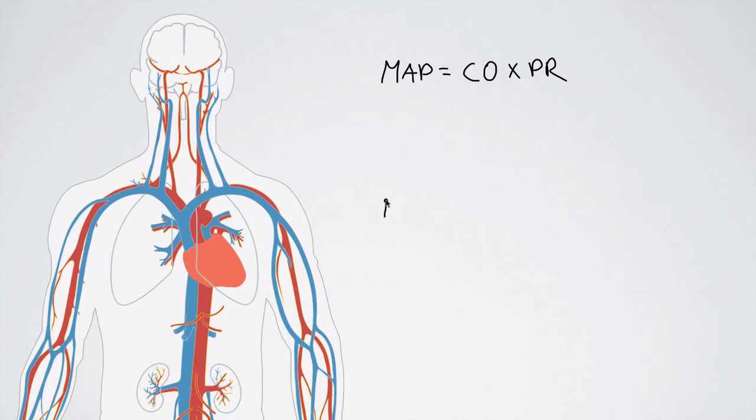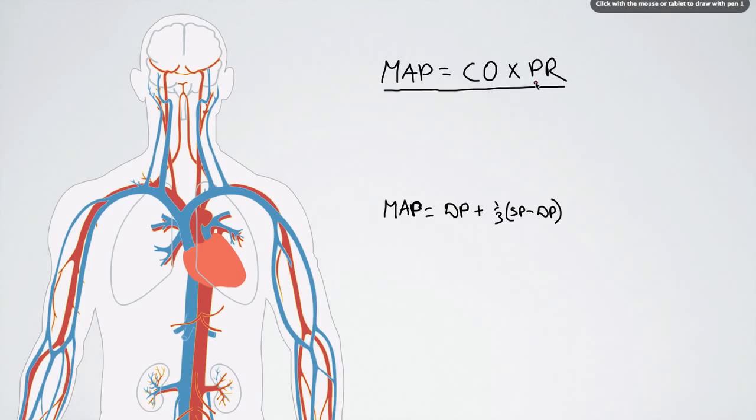Just as a reminder, the other one is MAP is equal to, I'm just going to write DP for diastolic pressure, plus 1/3 of systolic pressure minus diastolic pressure. And you can go back to episode 54 for more of an explanation on these two. We're not going to focus on this guy right here. We are focusing on this indirectly.